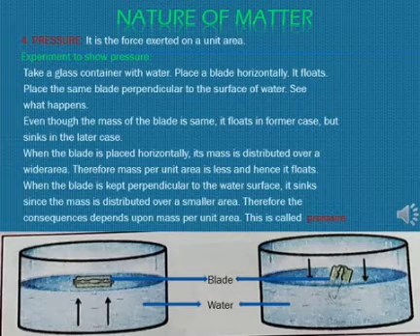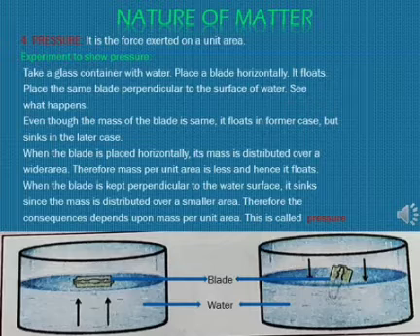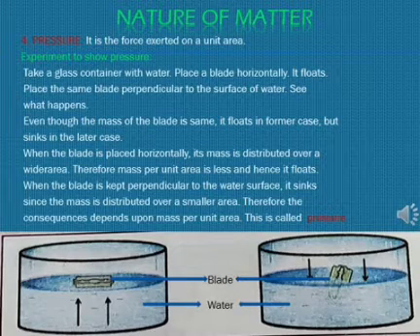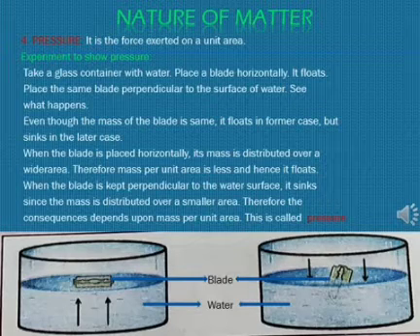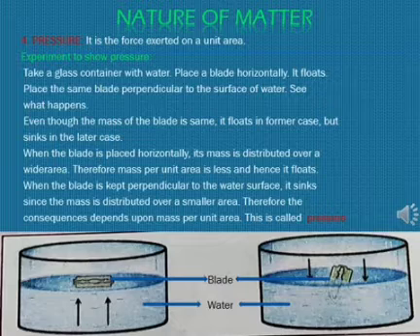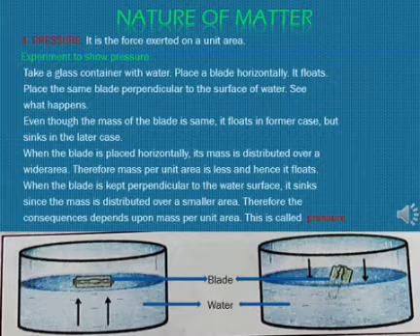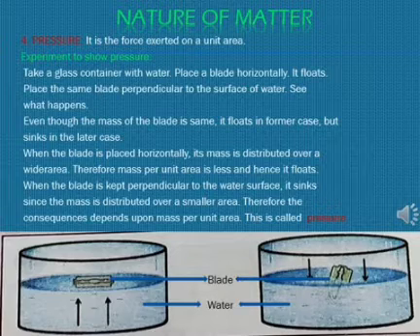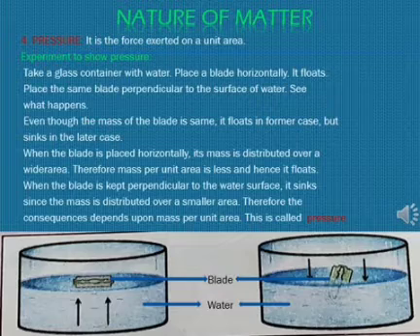What is the reason? When the blade is placed horizontally, its mass is distributed over a wider area. So when it is kept horizontally, the mass or the weight of the blade is distributed over a big area. Therefore, mass per unit area is less and hence it floats.